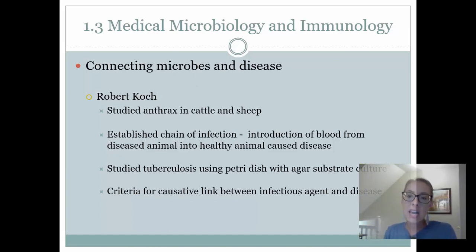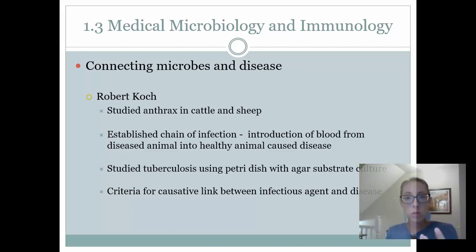Agar is a powdered substance. It is a derivative of seaweed, like red algae is typically where it is isolated from. And to make a Petri dish with a solid agar media on it is very much like making Jell-O.